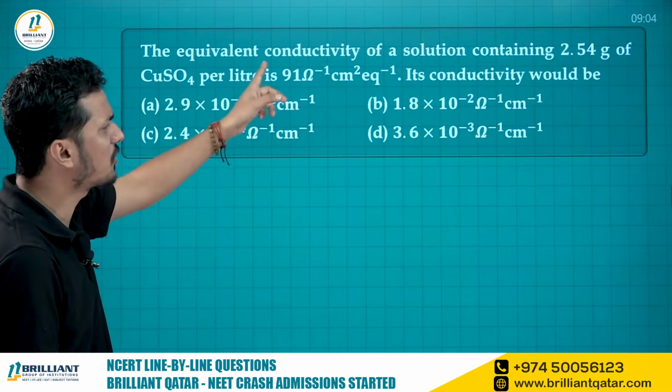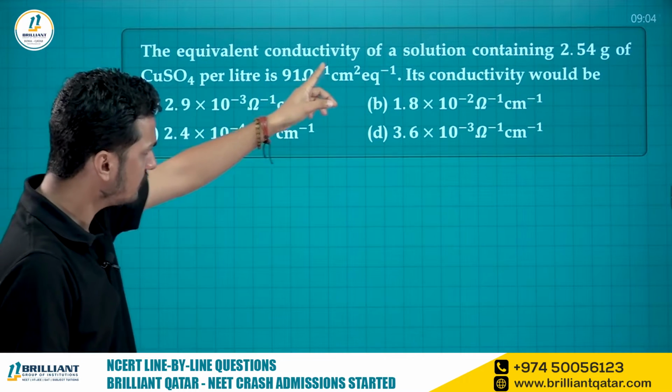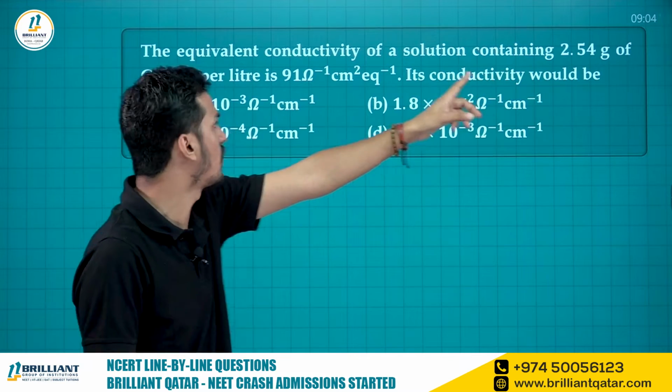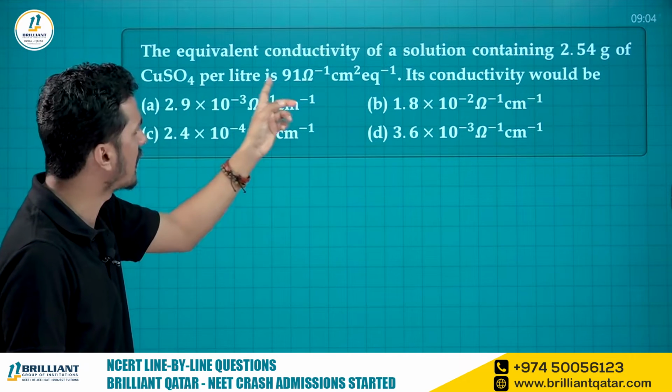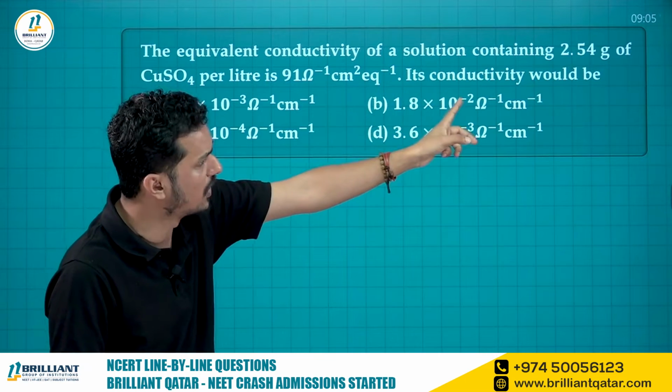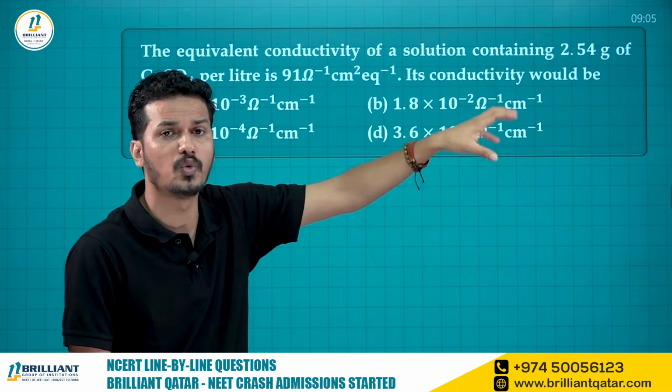What's the question? The equivalent conductivity of a solution containing 2.54 gram copper sulfate per liter is 91 ohm inverse centimeter square equivalent inverse. Its conductivity would be?